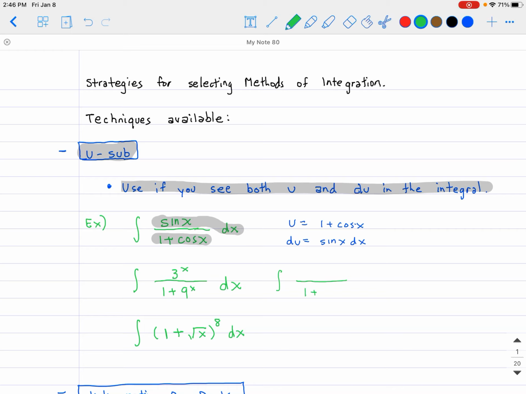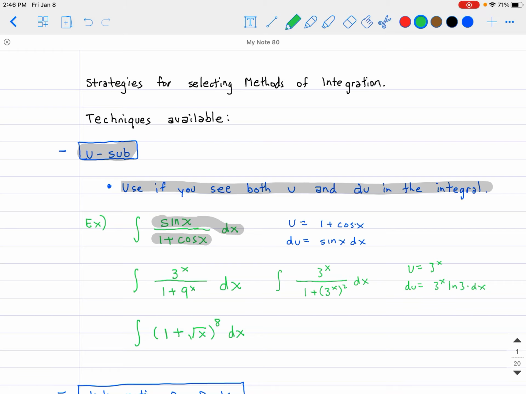If I rewrite that as 1 plus 3 to the x quantity squared, and then you have the dx and the 3 to the x over there, then you can probably see what your u substitution is going to be. Letting u equal 3 to the x, du would then be equal to 3 to the x ln of 3 multiplied by dx.